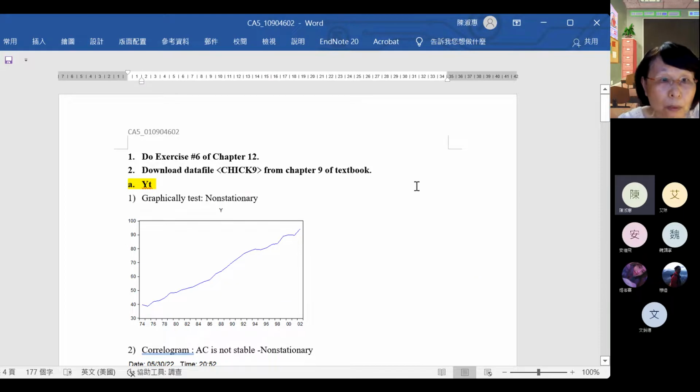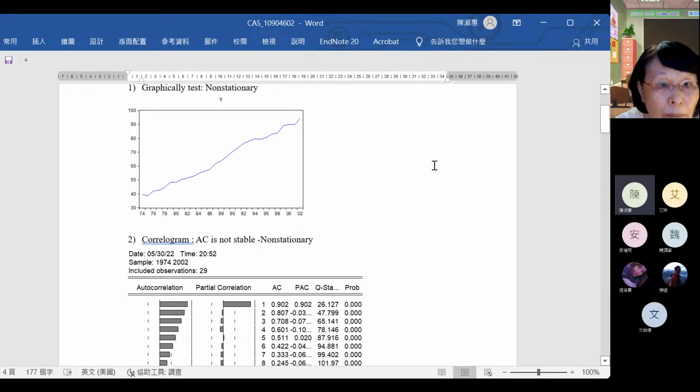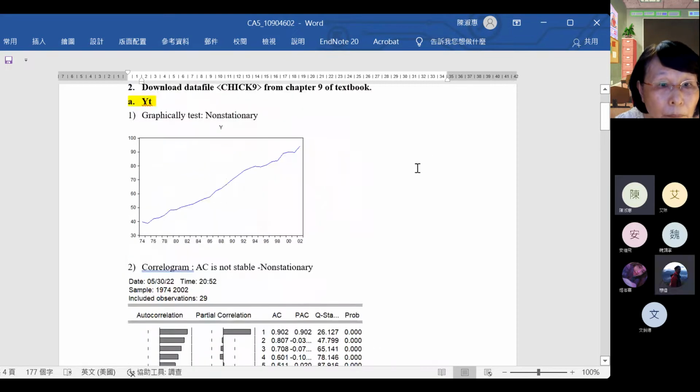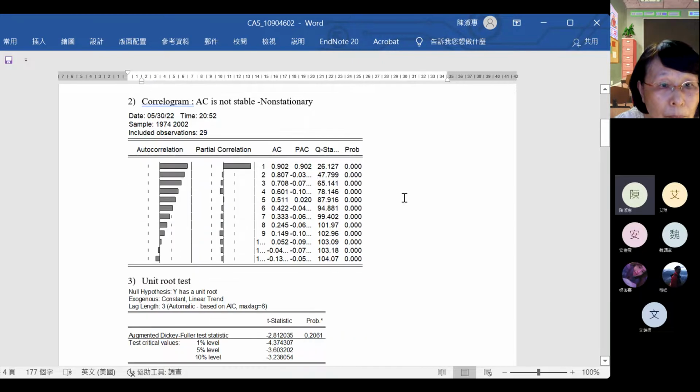For the first question, I use three methods to identify whether it is non-stationary or not. From the graphical test, I see the trend is gradually increasing, so I think it is non-stationary. From the autocorrelation, as the Professor said before, it's highly autocorrelated.